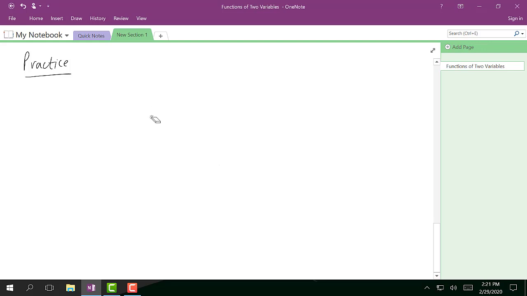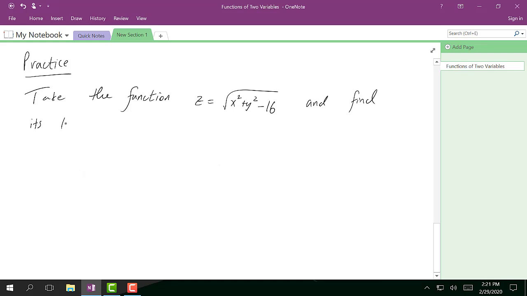Okay, so what we're going to do for practice is take the function z equals x squared plus y squared minus 16, and find its level curves for the values I'll give you here to work with.